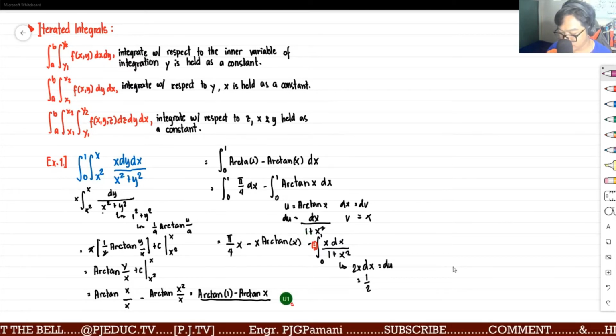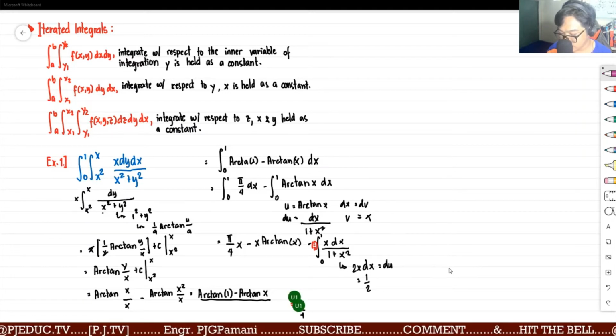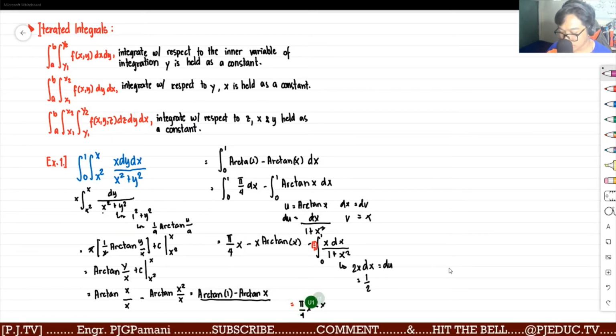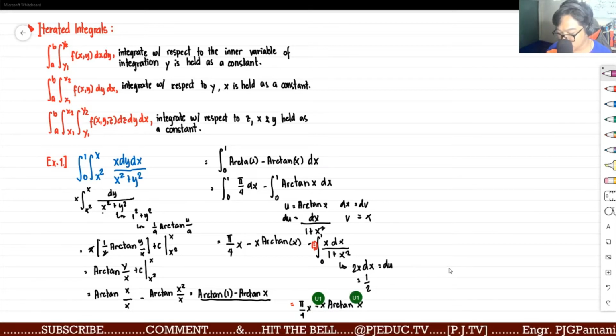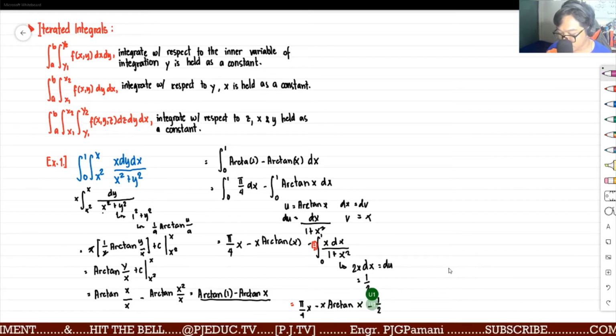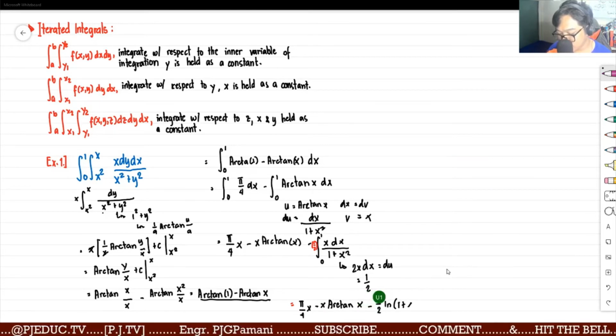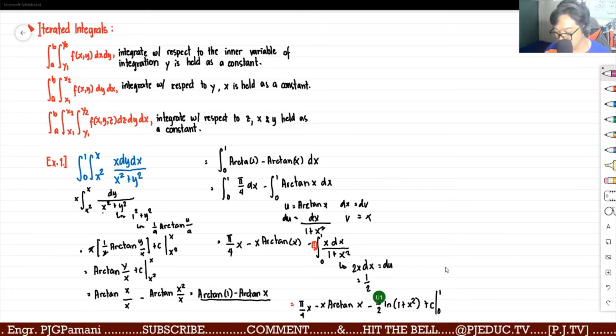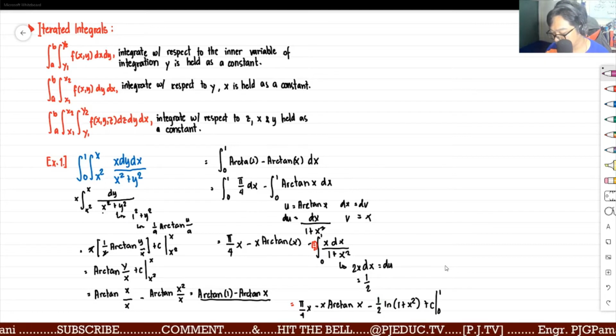That is pi over 4x minus x arctan x minus 1/2 of ln 1 plus x squared plus c. Then apply your upper and lower limits.